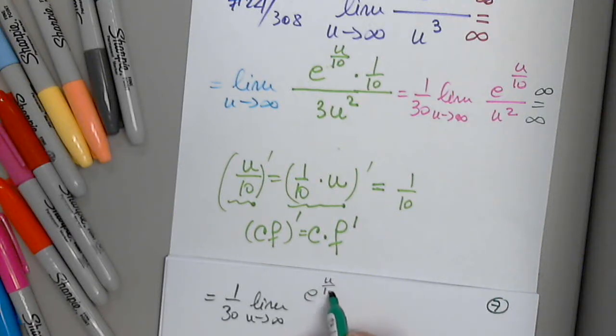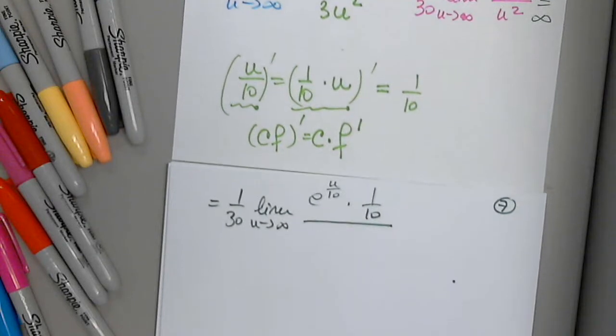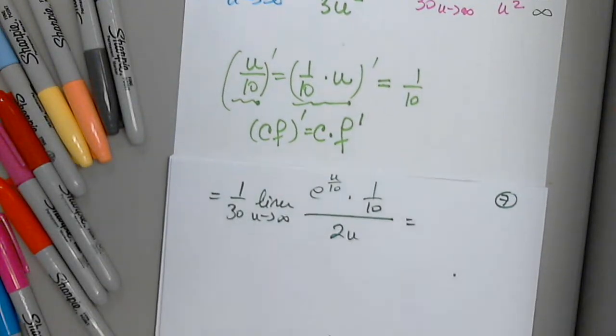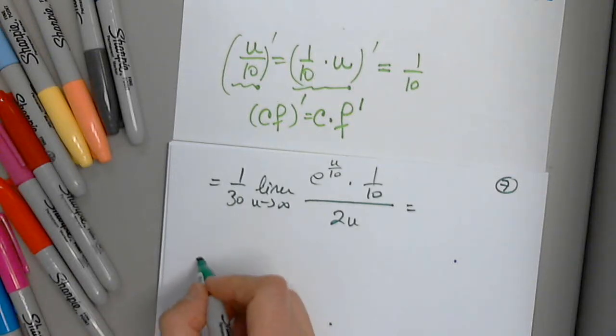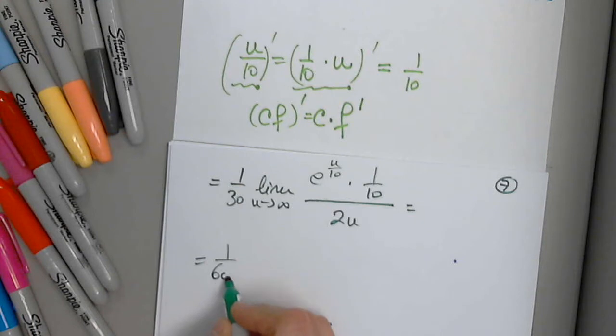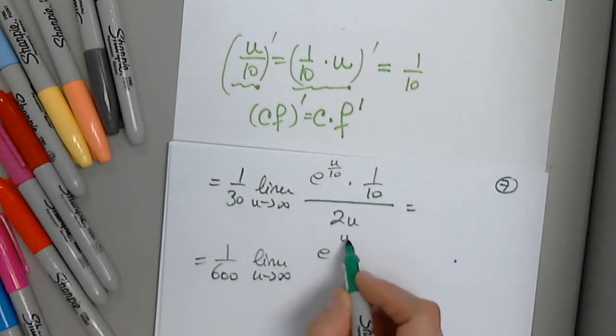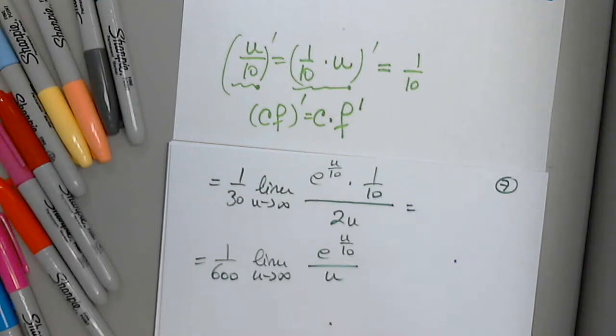E raised to u over 10 times 1/10, indeed, divided by the derivative of the denominator. 2u. Excellent. Okay, again, 1 over 10 divided by, or flipped 1 over 2 is 1 over 20, times 1 over 30 is 1 over 600, limit u approaches infinity, e to u over 10 over u.